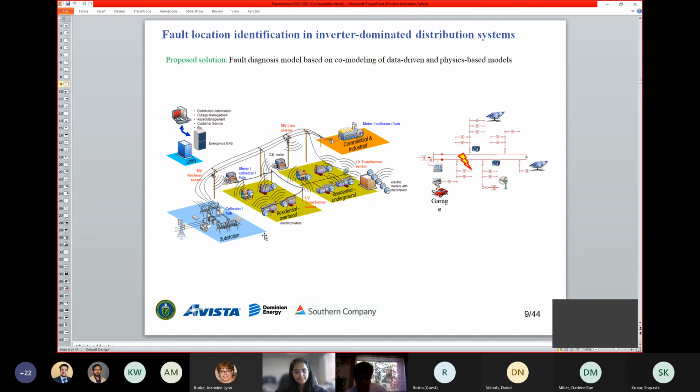Yeah, that's a good comment. It depends on the type of study you do. Sometimes you need to go through the detailed response, so in that case you should co-simulate. You have some sort of co-simulation of PSCAD type software and PSSE type software. But sometimes you go through the aggregated dynamic model of the system.